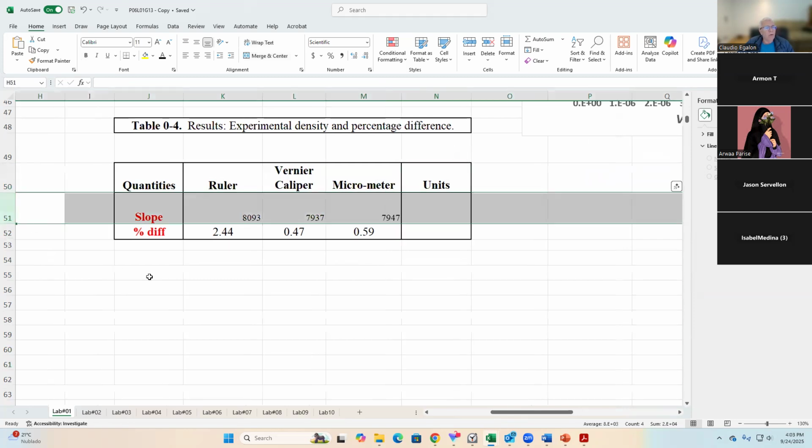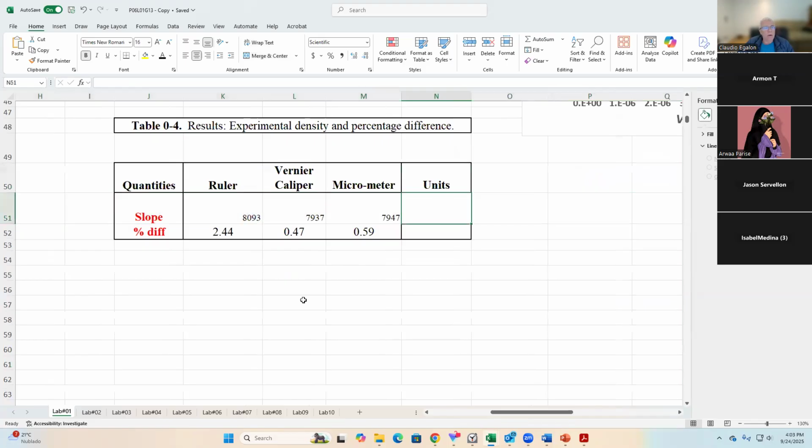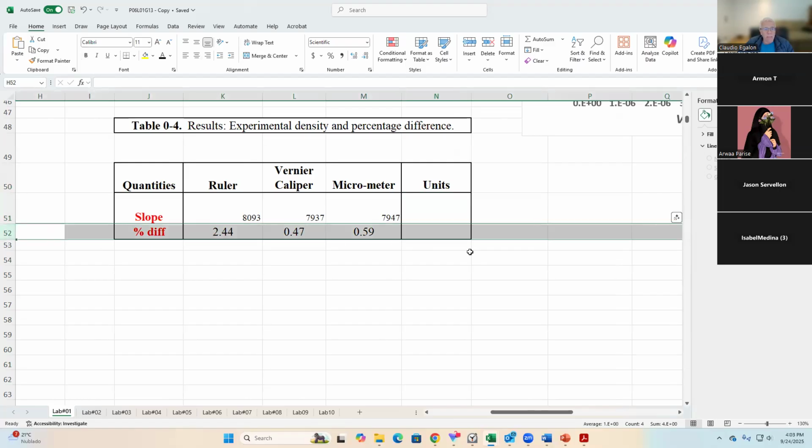What's the unit of the slope? You gotta type the unit of the slope here. Don't forget that the slope represents the density, right? So you go ahead and put the unit for the density right in here. And this last one is the percentage difference.